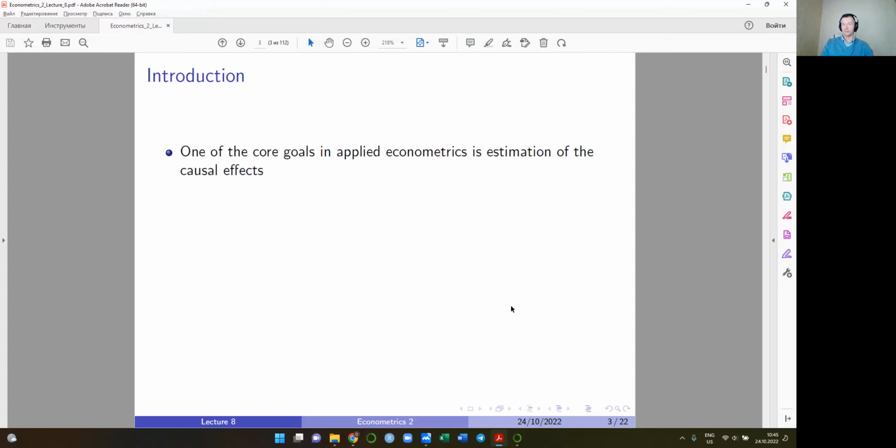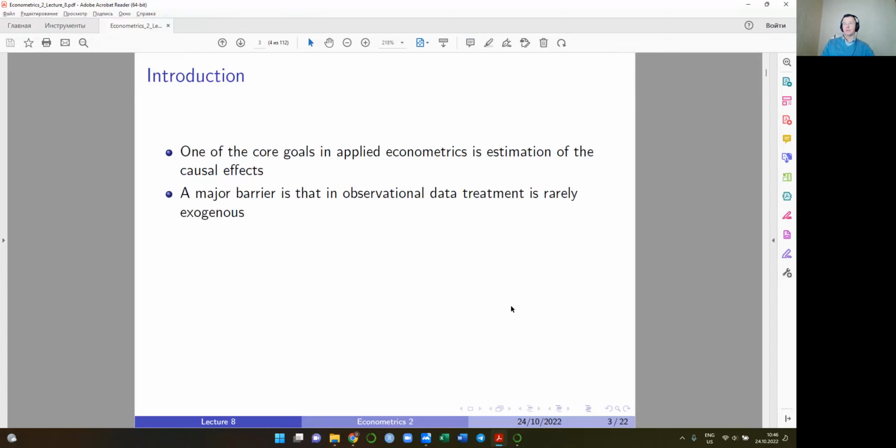So you make some action or you introduce some government program or probably impose some policy in the firm, and then we want to know what is the causal effect of this action.